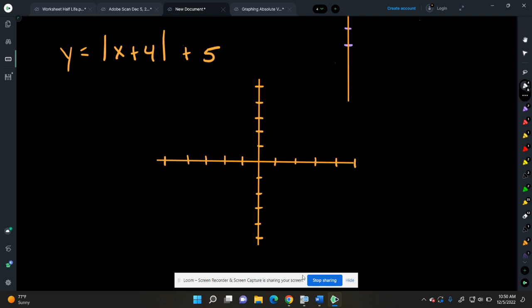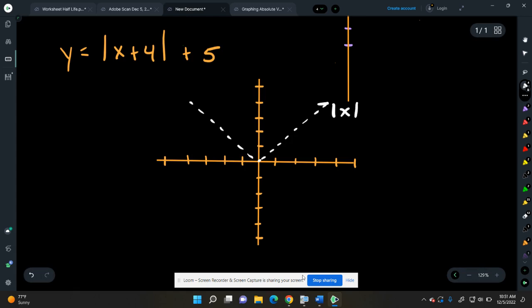Okay, so first I'm going to draw in my absolute value of x, and I'm going to label it. Always draw that first. Absolute value of x, right there. Okay, what do we do next? Go left.